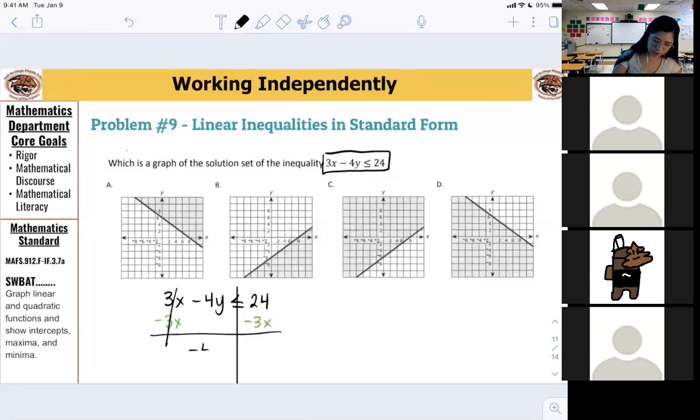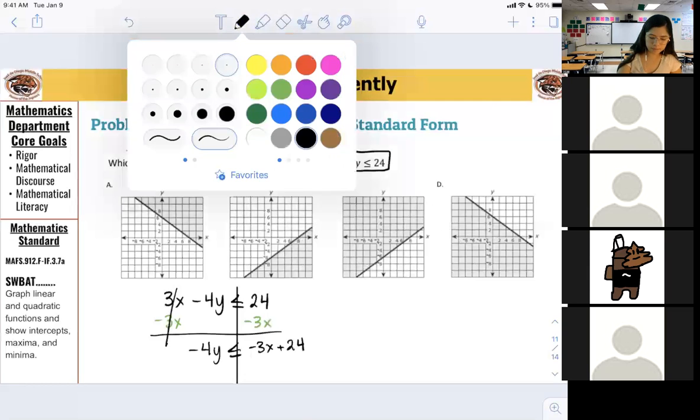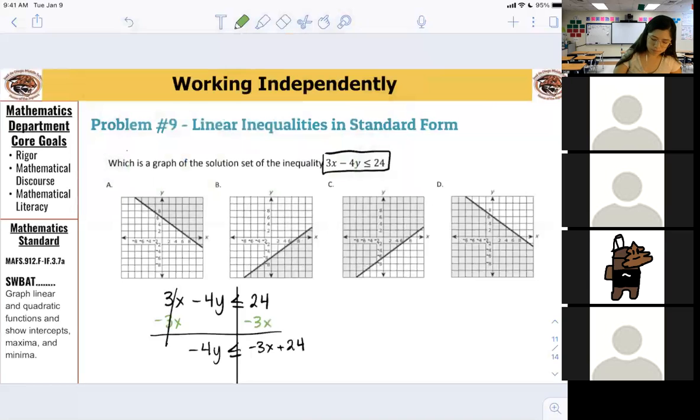So I have negative 4y is less than or equal to, and what do I write on the right-hand side? Negative 3x plus 24. And now what happens? You divide by negative 4, and that will change the symbol. Awesome.